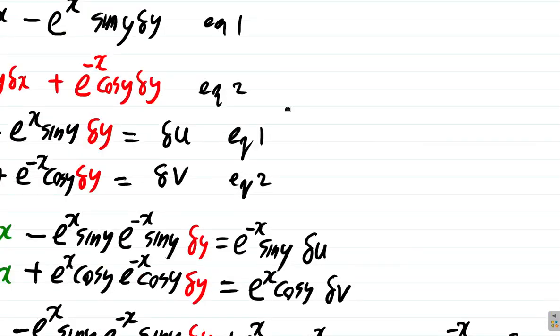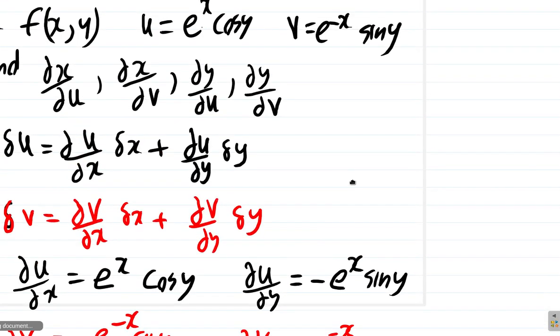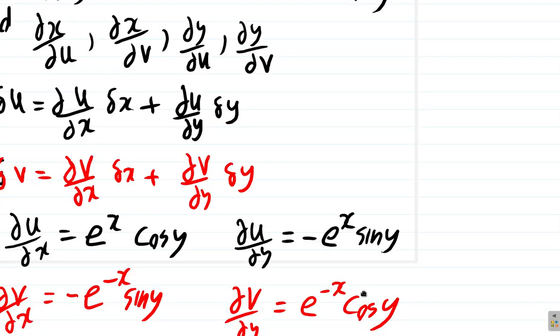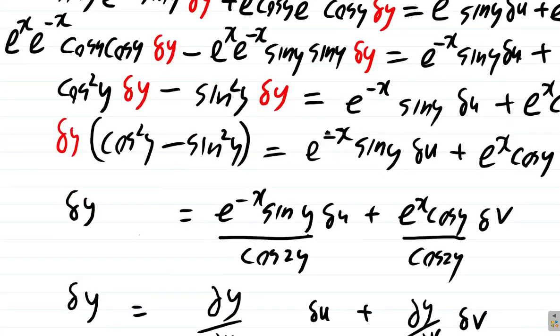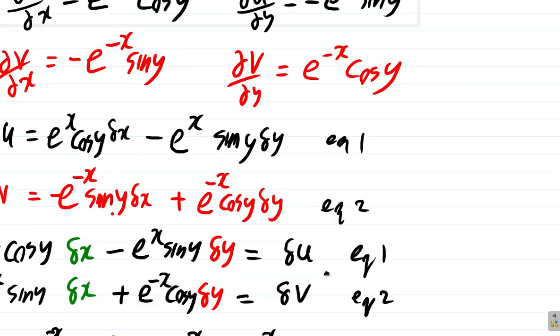Now here you see that delta u by delta y was minus e to the x sine y. As we saw earlier, delta u by delta y was negative e to the x sine y.